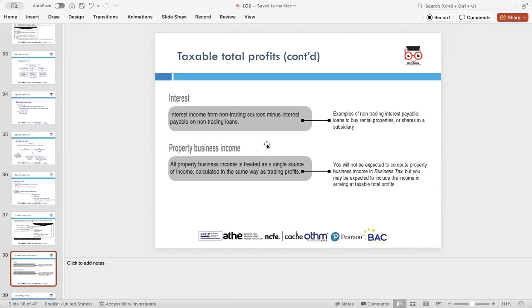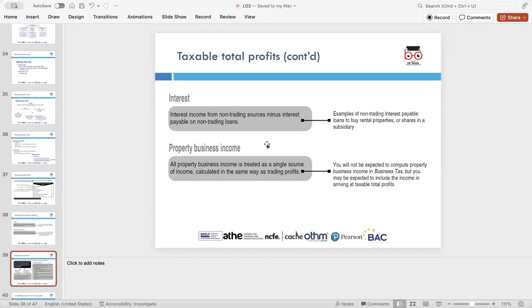This income is included in the calculation of taxable total profit. We must subtract any interest payable on loans that are not related to the company's trading activities. For example, if the company took out a loan to buy rental properties or invest in subsidiary companies, the interest payable on these loans would be deducted from the interest income.